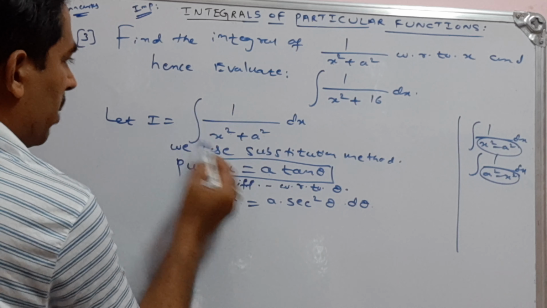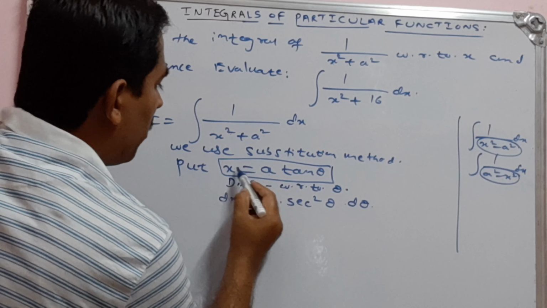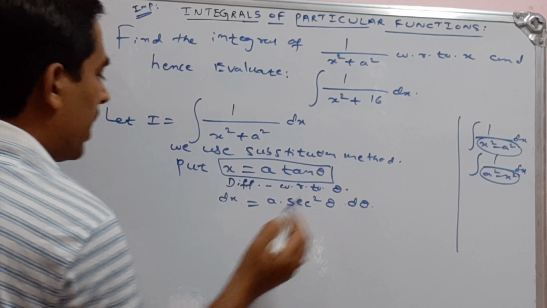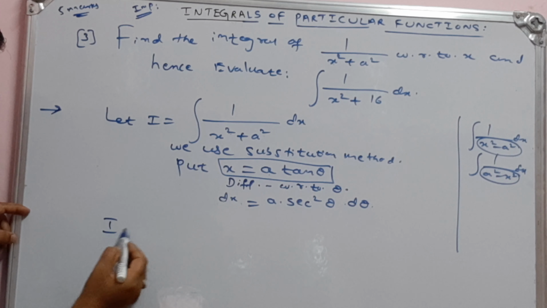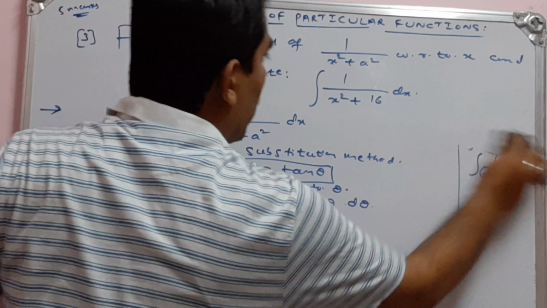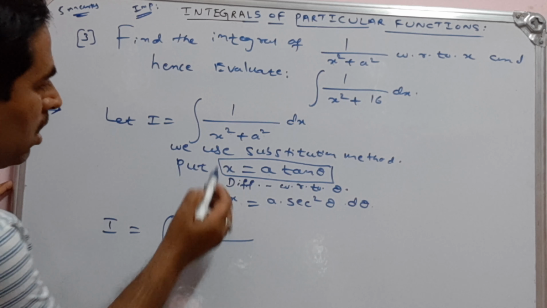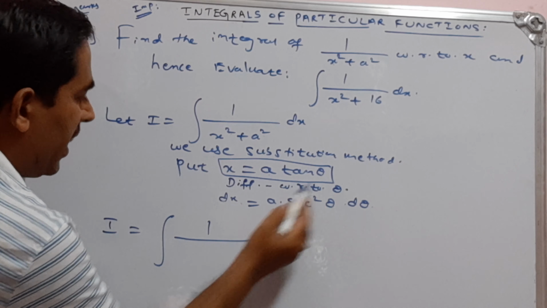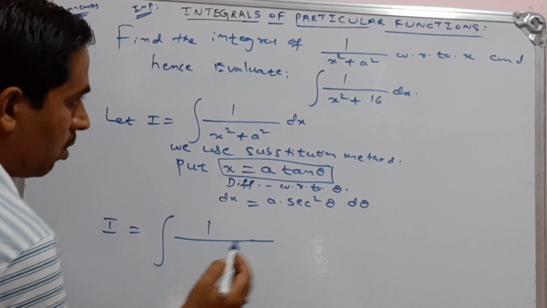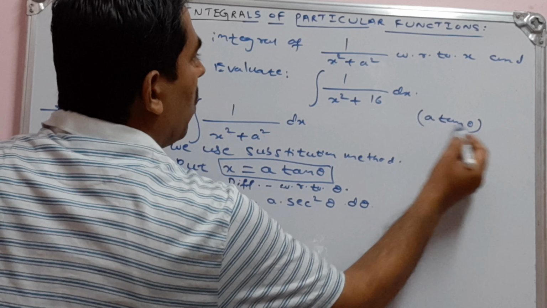Okay, then this integral becomes, see here, our substitution is what? X is equal to a tan theta. Okay, this becomes I is equal to integration of 1 by, see, denominator changes here. So observe carefully, 1 by x square, x means what? A tan theta. So x square means a tan theta whole square.